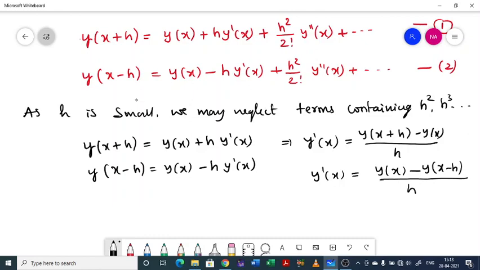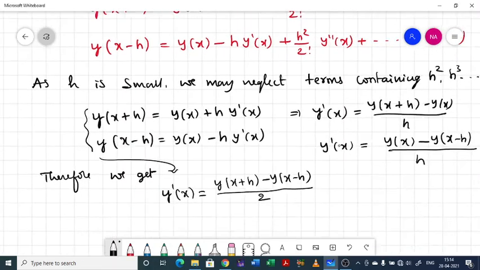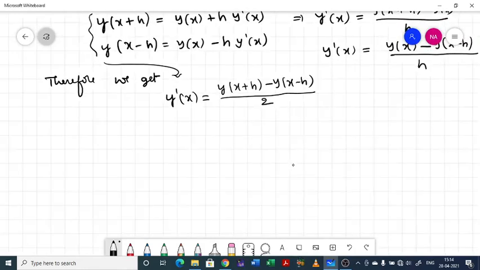Therefore, if you subtract one from the other and simplify, from these two equations you may get the expression for y dash of x to be y dash of x equal to y of x plus h minus y of x minus h, by 2h. So this is the approximation of the first derivative of y.